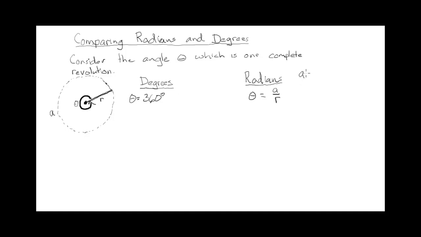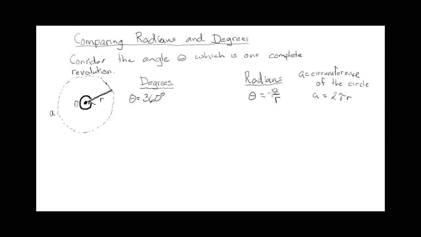So A equals the entire circumference of the circle. But we have a formula for the circumference of a circle, right? A is equal to the circumference, which is 2 pi r. That's just the formula for circumference of a circle.